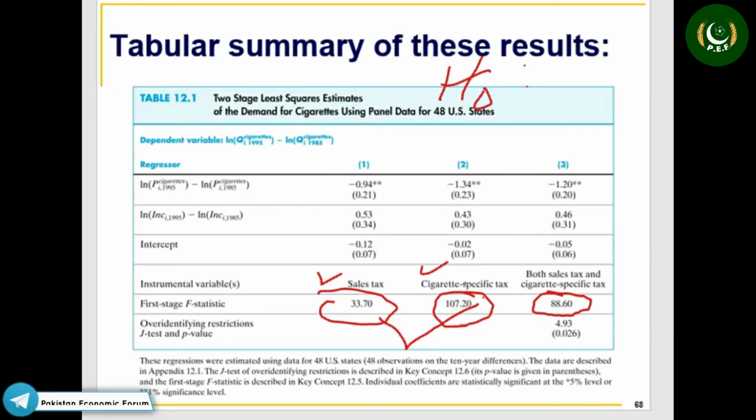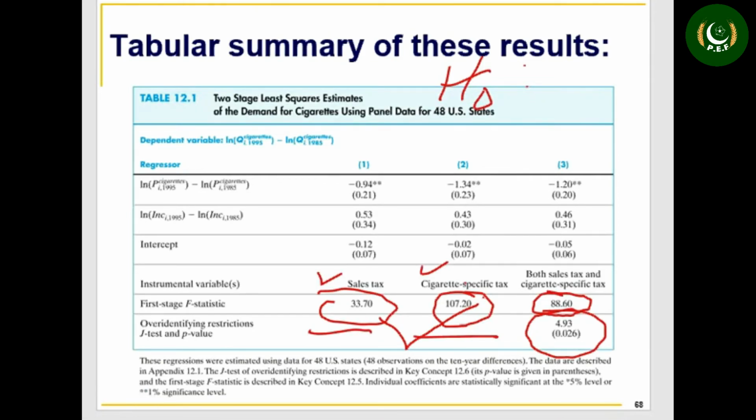But if they are endogenous and their differences are very large, it means either of these two or both are endogenous. So what do we see here? That instrument exogeneity is rejected. So it means either this or this or both are endogenous regressors.